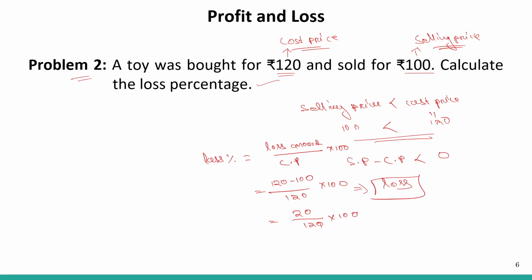Cancelling a 0 from here, we are left with 200 by 12, which is 600 by 6, equal to 50 by 3. So it will be about 16.66, that is 16.667%. This much loss is incurred if the toy was bought at 120 rupees and sold for 100 rupees.